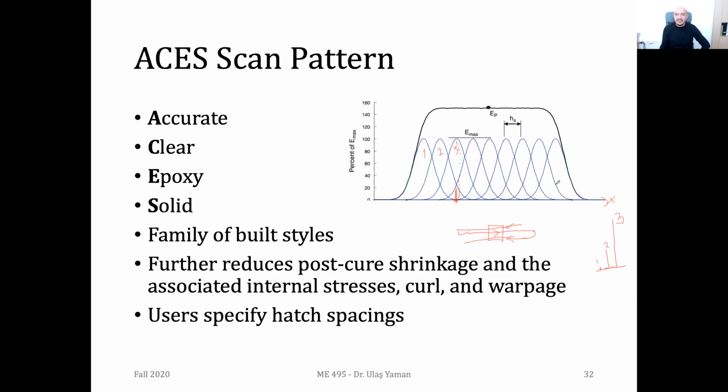And if you sum all these, you'll see that the summation is equal to this EP, which is the peak exposure value, which is quite high, and we can cure in a better way, since, as you see, this is the maximum we can have with a single pass, right?